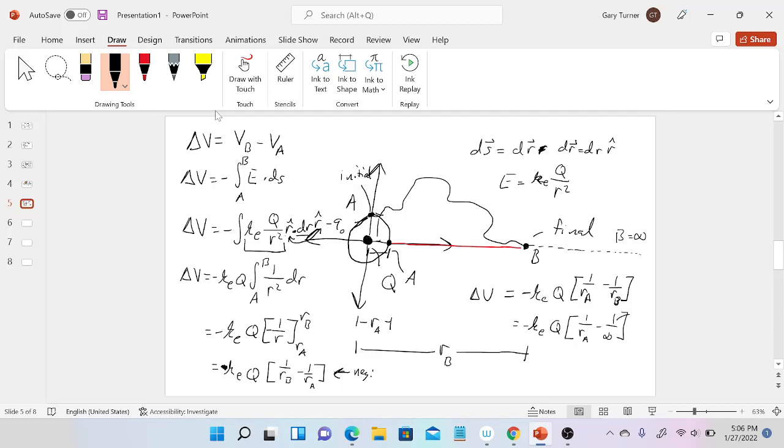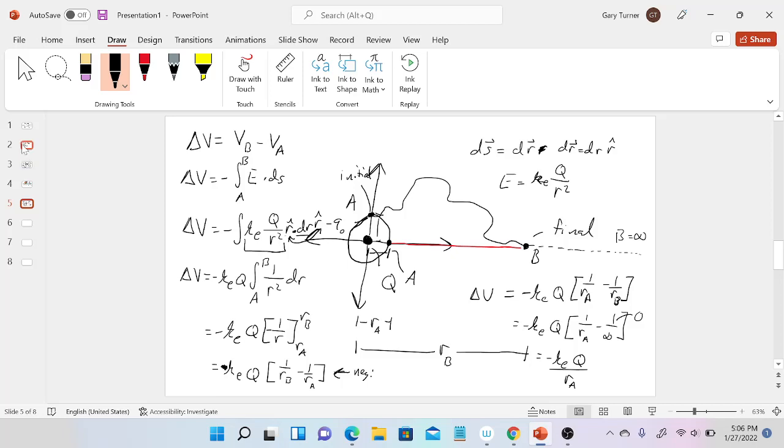This goes to 0. So what this is telling you is that, and we already derived this result, KQ over R. We already have that result.